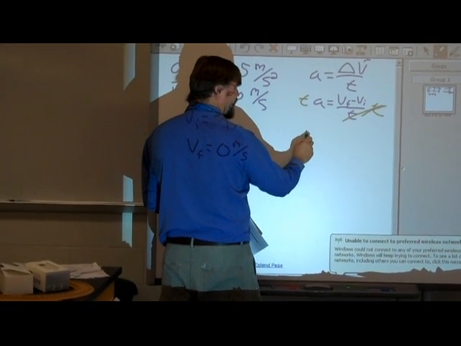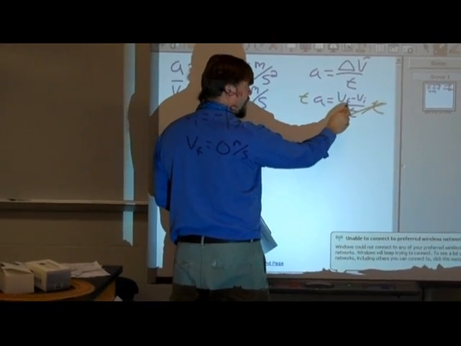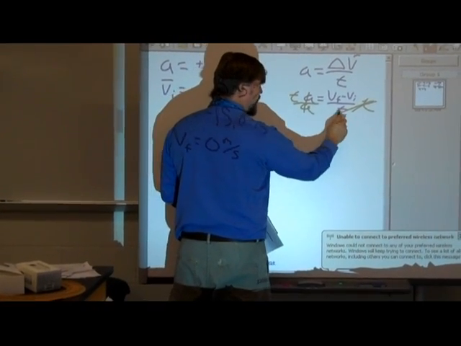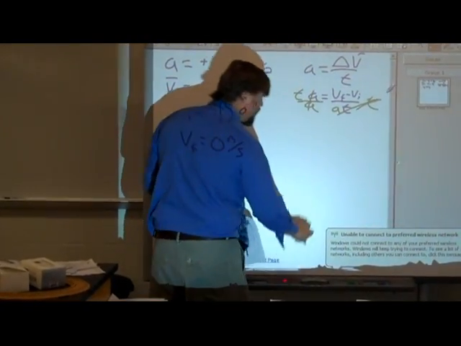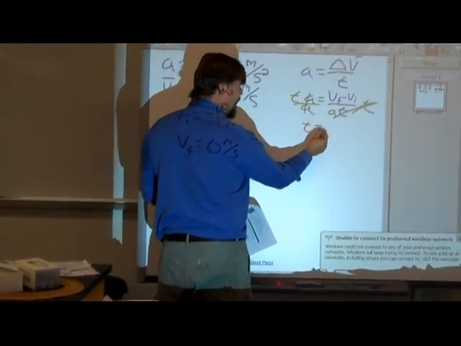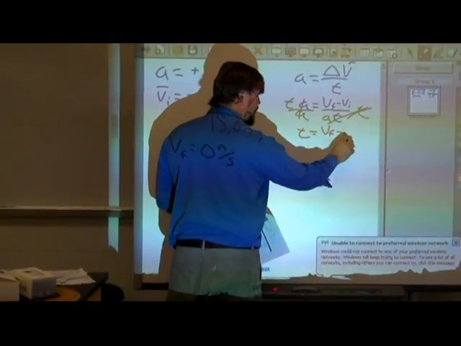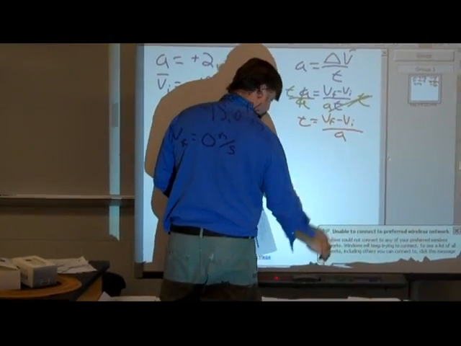So we get t and a on one side, and our final velocity minus our initial velocity. And if we divide both sides by the acceleration, then the time that we want is our final velocity minus our initial velocity over our acceleration.